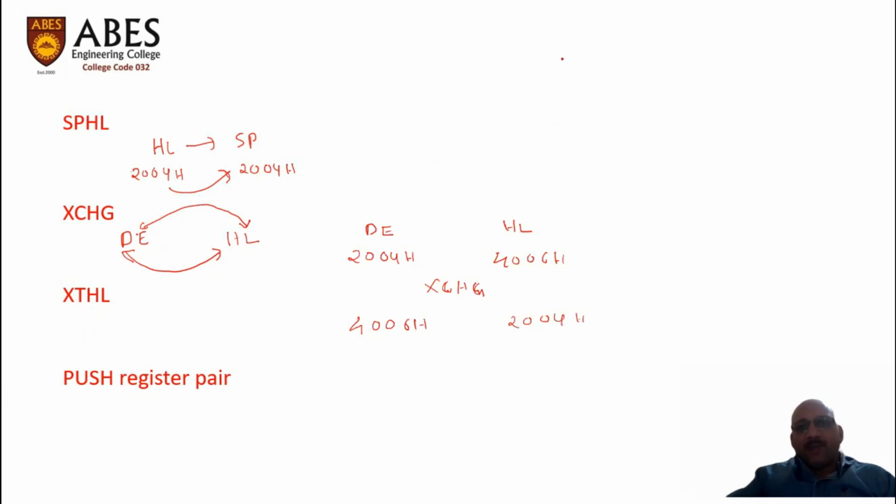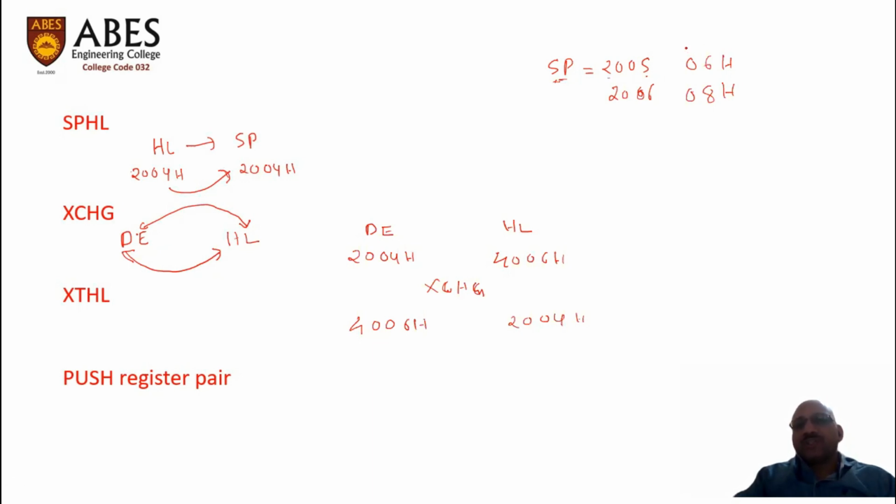For example, if the stack pointer has the address 2005H and this location has the value 06H, and another location 2006H has the value 08H, then what will it do? It will move the content pointed to by the stack pointer, 2005H.